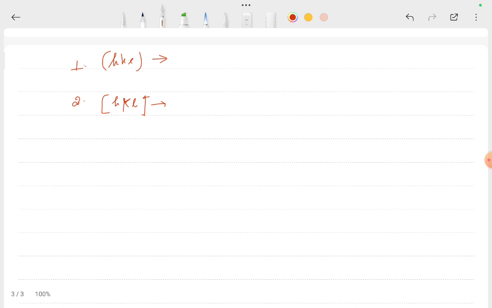It represents its own identity of planes, right? The third point, in curly bracket HKL, has another identity. The fourth point, HKL, has another identity. So try to know about that.